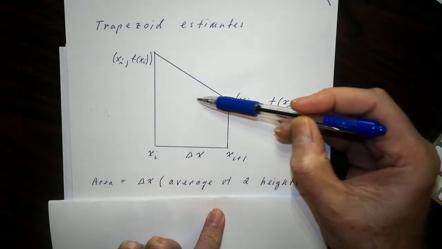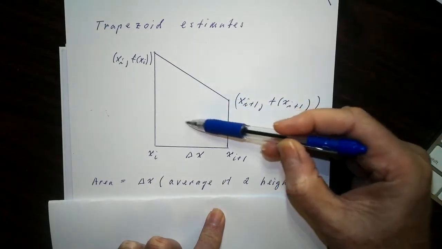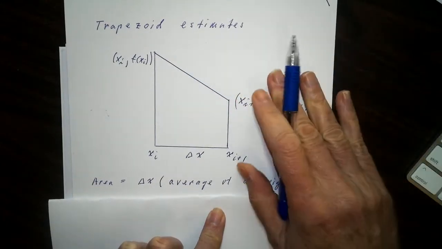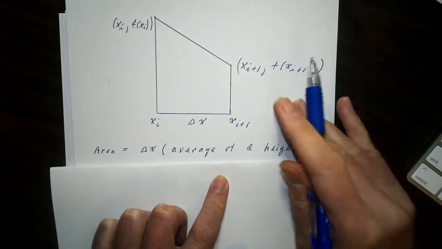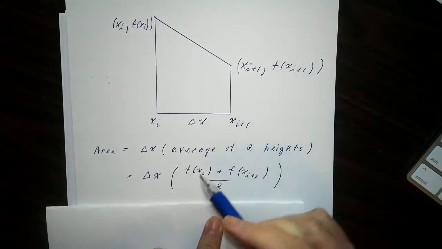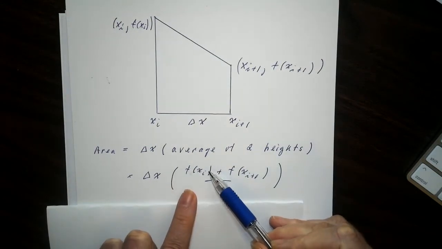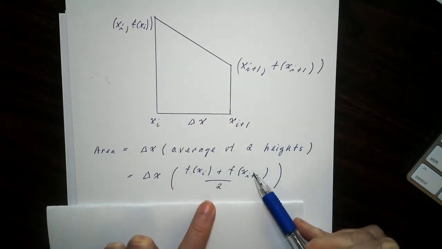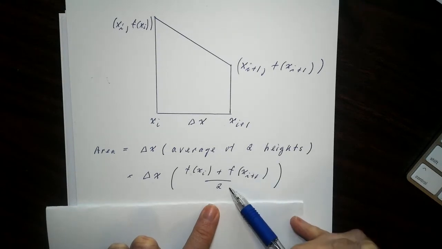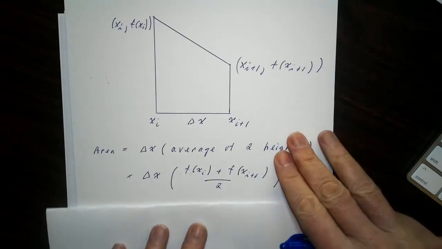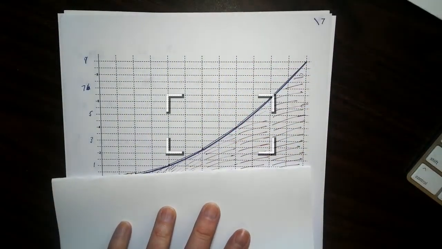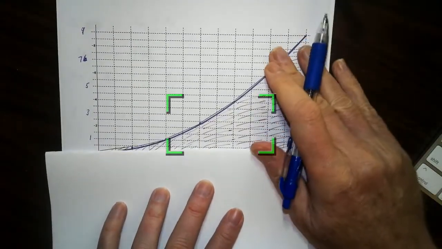What you can do is break this trapezoid up into a rectangle and a triangle, write down the sum of those two areas and simplify. So the area of the trapezoid would be delta x times the height at the left-hand endpoint plus the height at the right-hand endpoint, and we divide those two by 2. We average them.